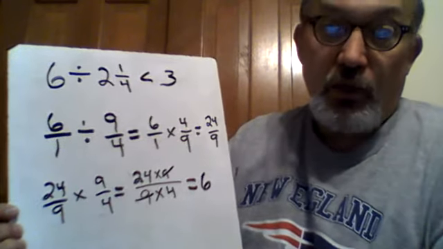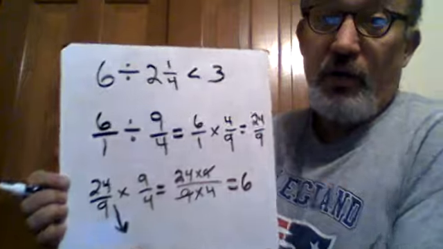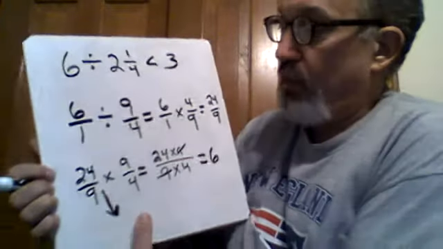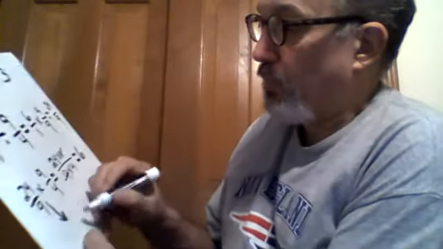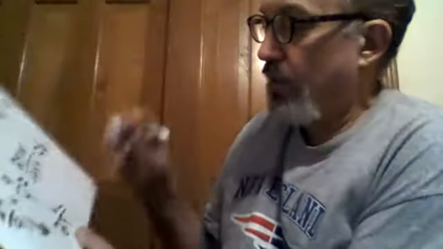Well, now we'll give the answer in the final way that we normally do in middle school math, and that is to say that 24/9, and notice it's a little less than 3. 27/9 is 3. 24/9 is less than 3. It is 2 6/9. Well, 2 6/9 can simplify to 2 2/3.